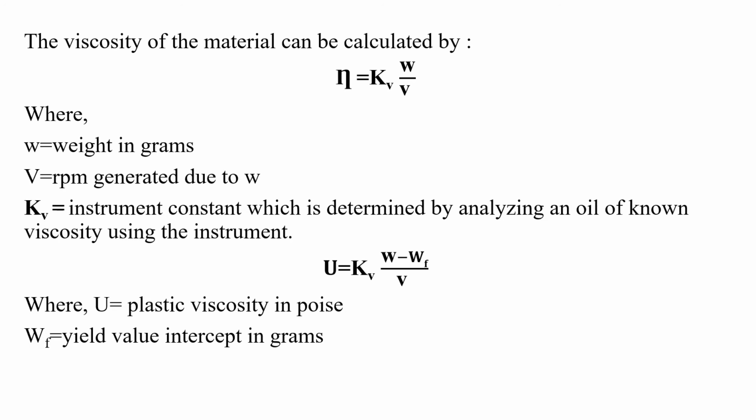And if we use any materials which might show some plastic flow properties, and if we want to detect the plastic flow properties of a given material, we don't know whether it shows a plastic flow or a pseudoplastic flow or a dilatant flow.